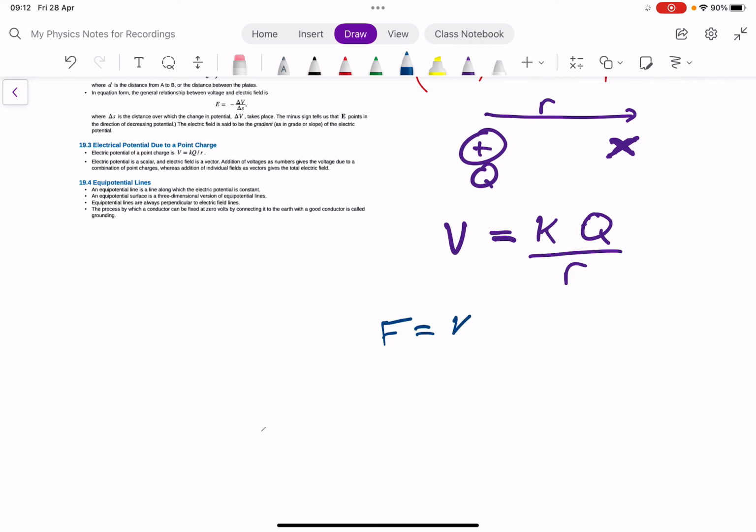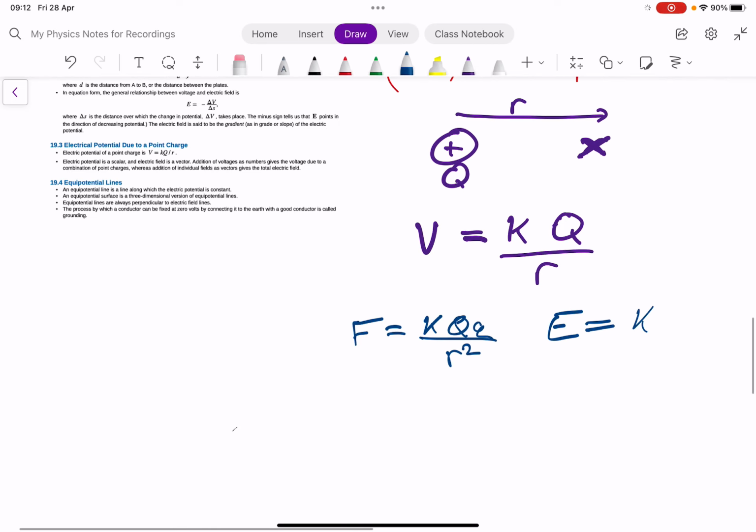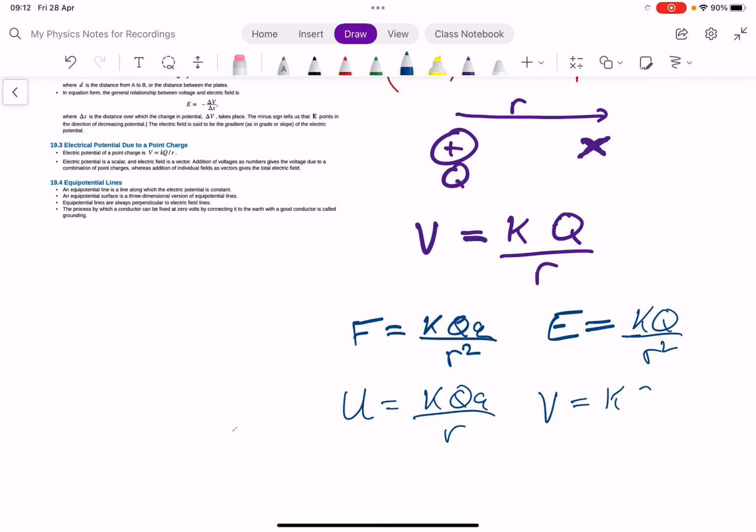So F equals KQQ over r squared. The electric field strength equals KQ over r squared. The potential energy U is KQQ over r, and the potential due to a charge at a point in space is KQ over r.